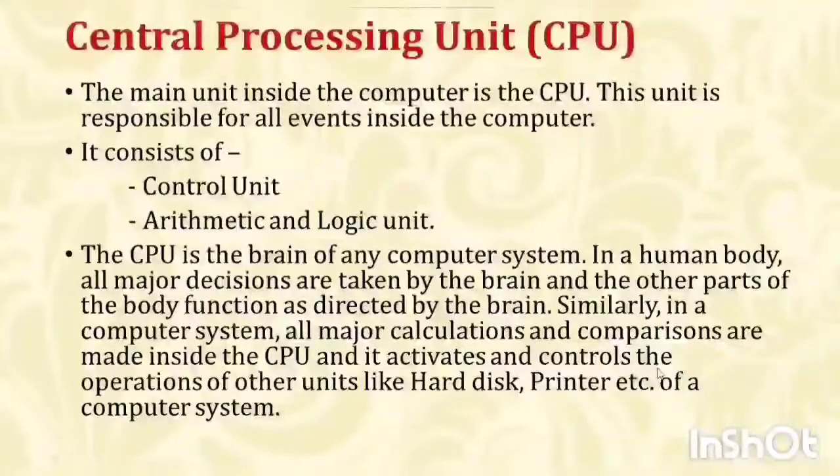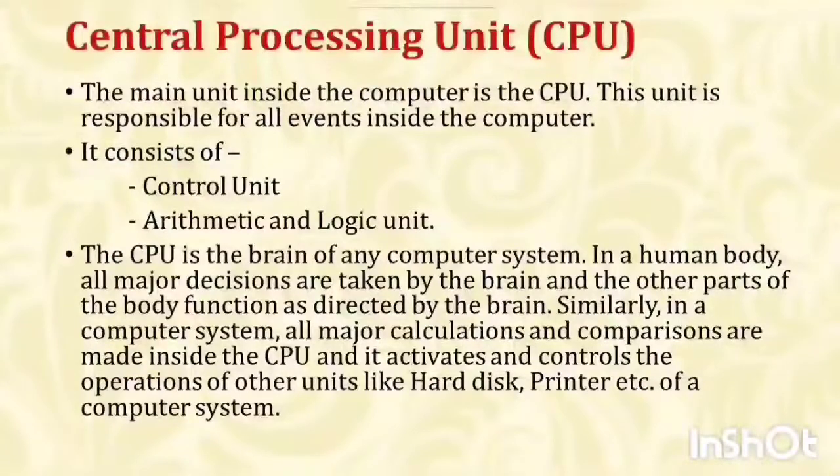The next subtopic under hardware components is the Central Processing Unit, CPU. The main unit inside the computer is the CPU. This unit is responsible for all events inside the computer, and it consists of two sections, that is Control Unit and Arithmetic and Logic Unit. The CPU is the brain of a computer system.